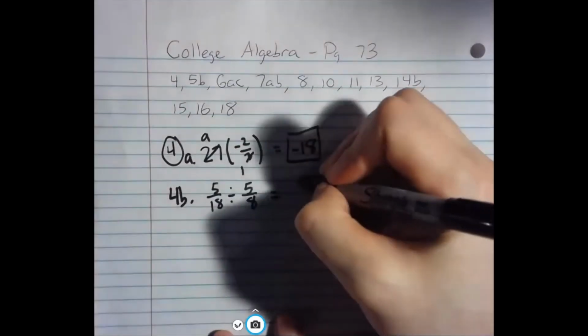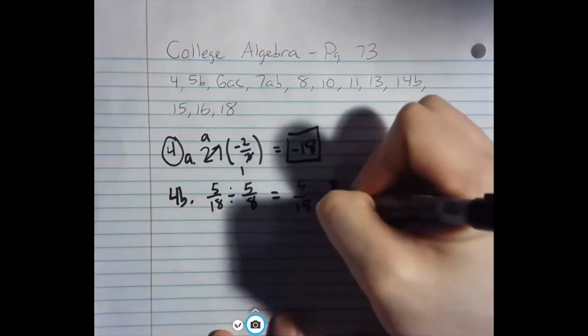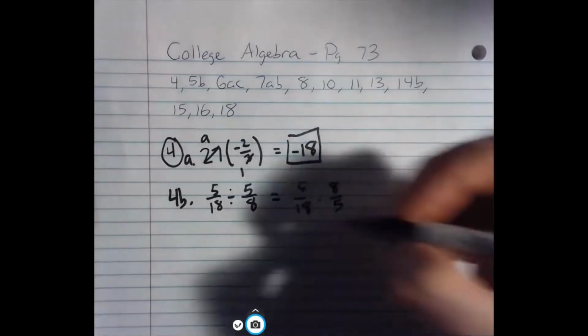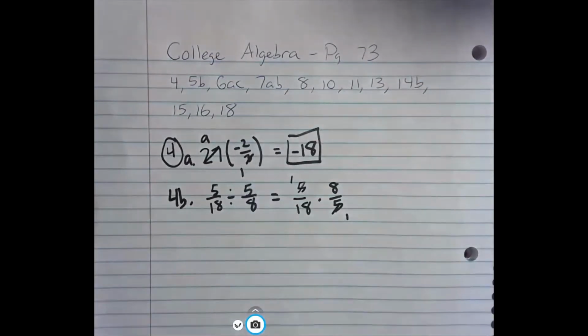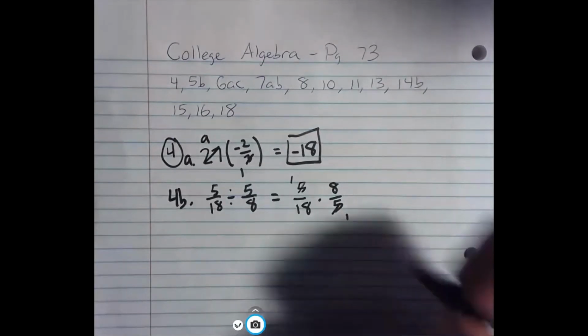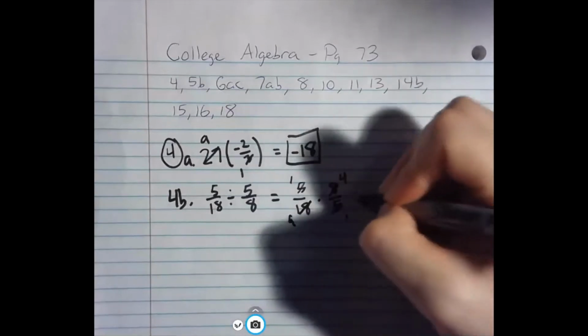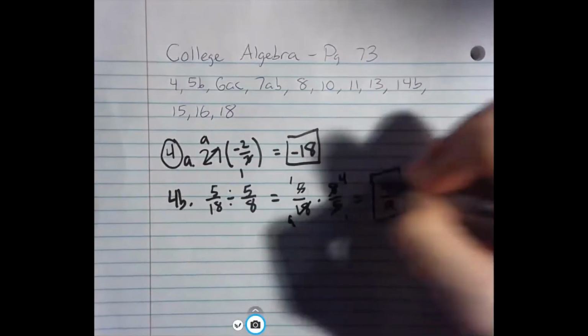So we have 5/18 times the reciprocal, so we're going to multiply by 8/5. Check out that cross-reducing there. Those 5s would cancel out, and the 8 and the 18, we can divide both of those by 2. And multiply straight across, and I think we're at 4/9.